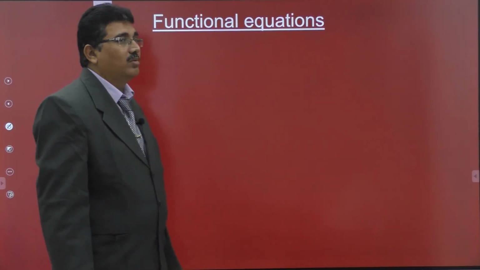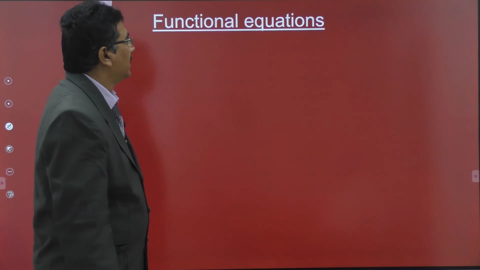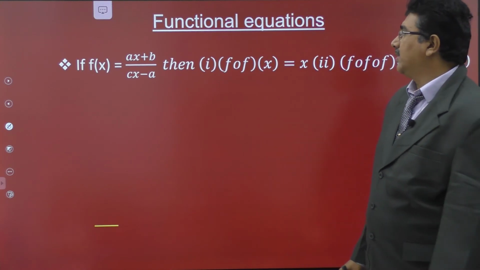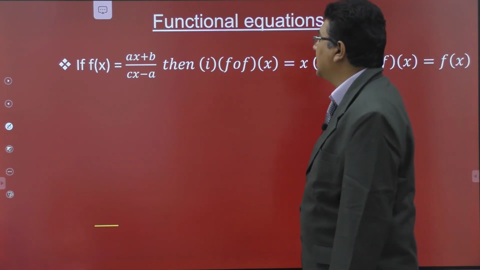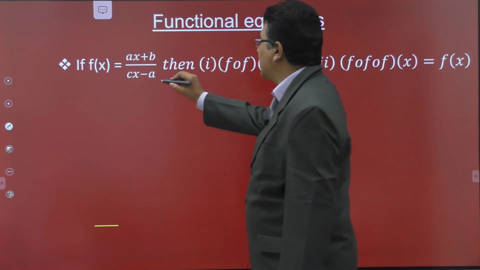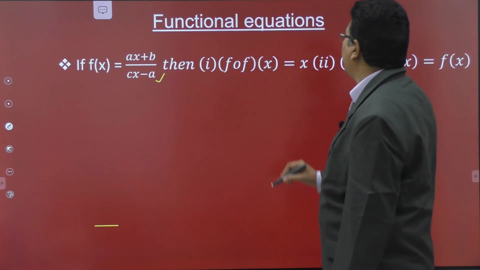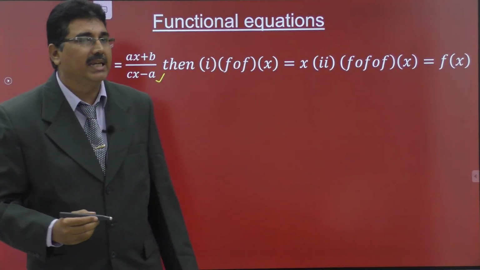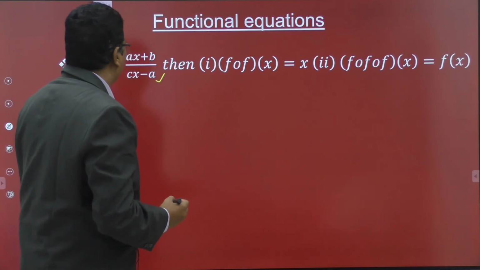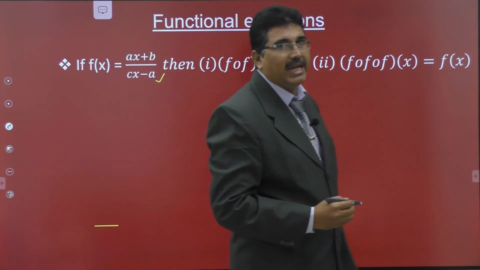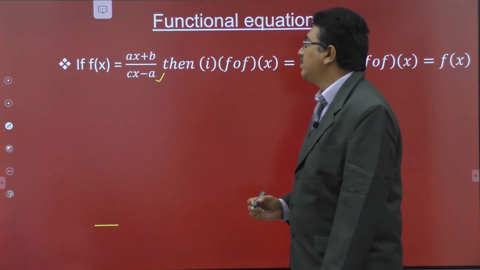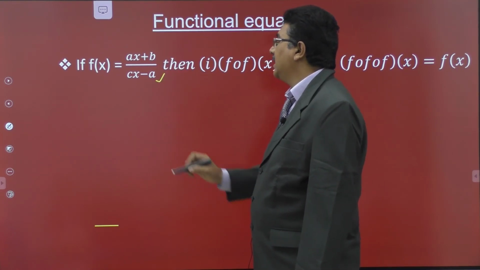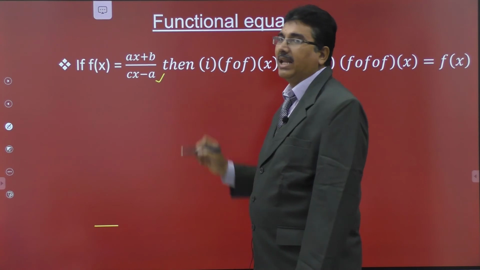Right, now functional equations. If f of x is equal to (ax plus b) by (cx minus a), this is a function satisfying these equations, so it is called a functional equation. Observe that here the coefficient of x is a and the constant term is minus a.